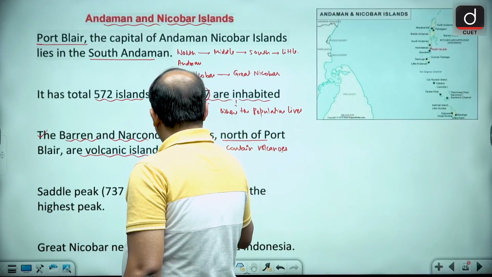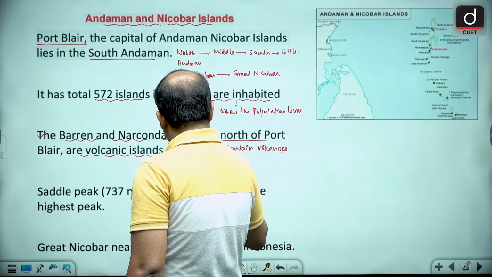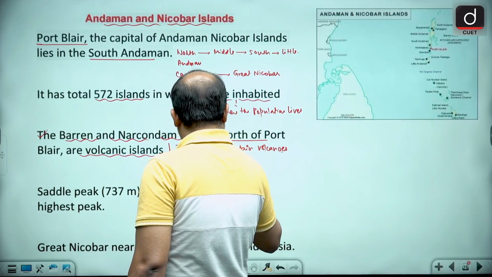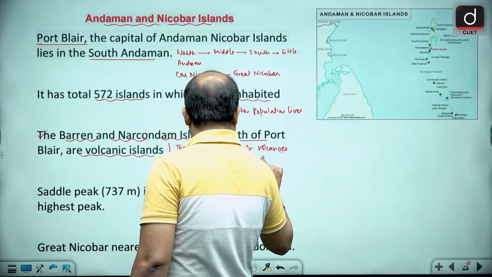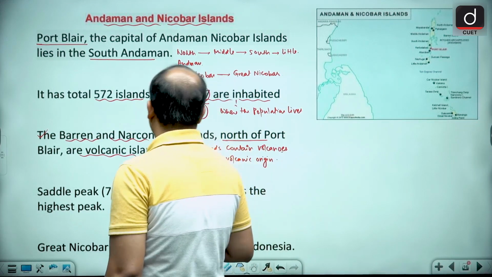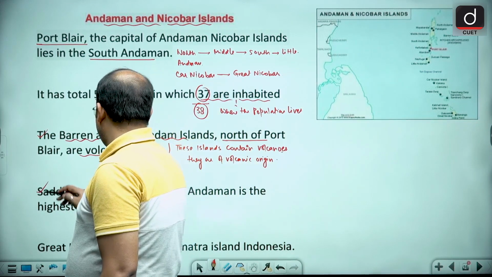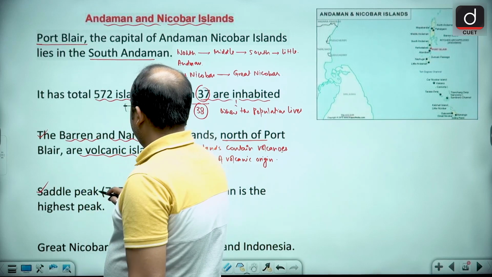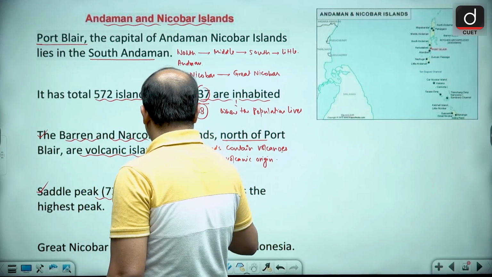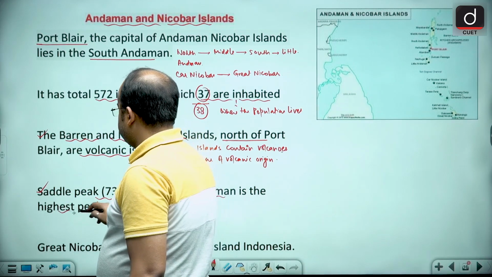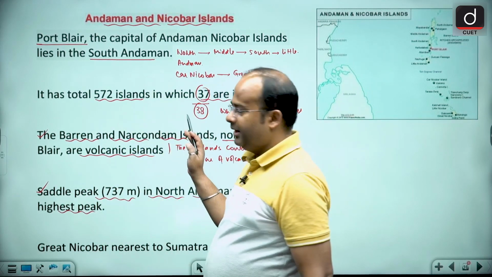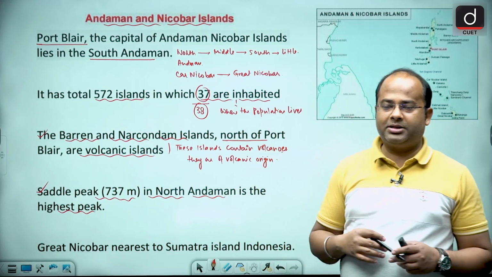And Saddle Peak, guys, is in North Andaman. It is 737 meters and is the highest peak.